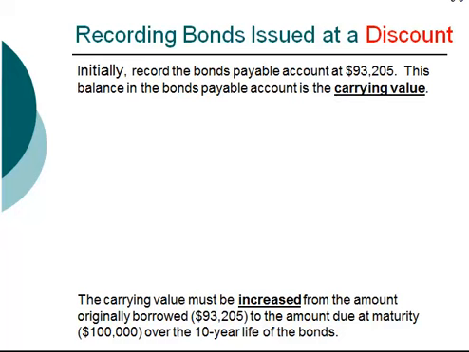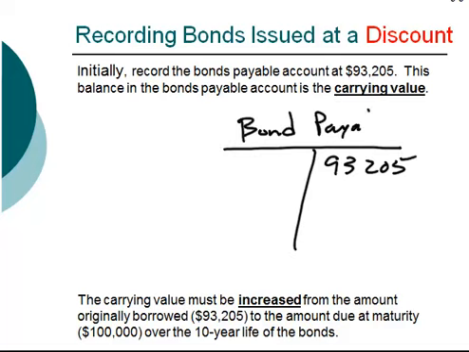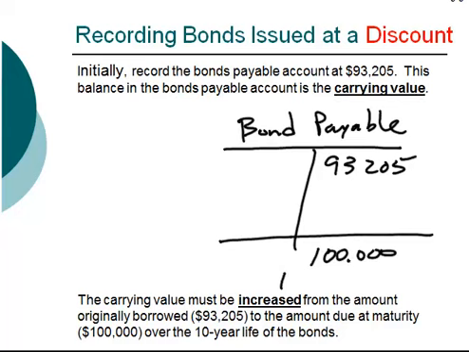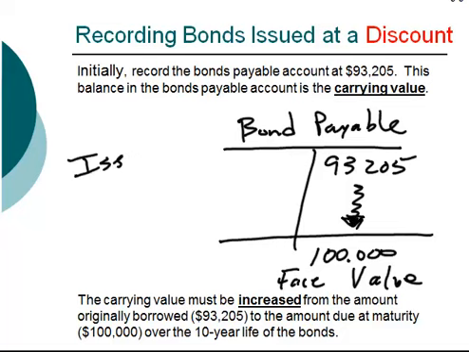We initially recorded the bond payable at $93,205, which was the issue price. Ultimately, however, we know we will have to repay the $100,000 face value. We will need to prepare an amortization schedule to increase the bond payable T account from the issue price to the face value.